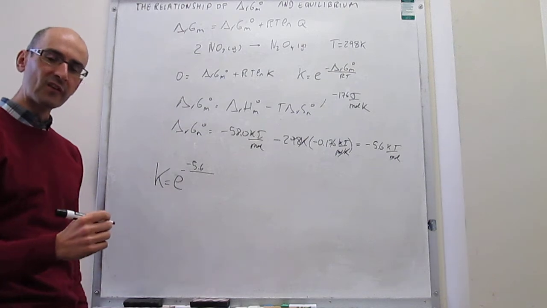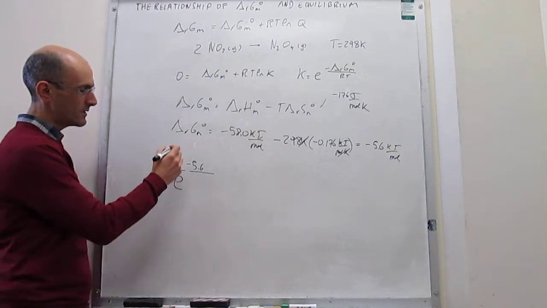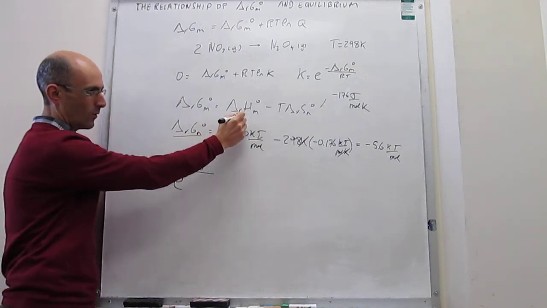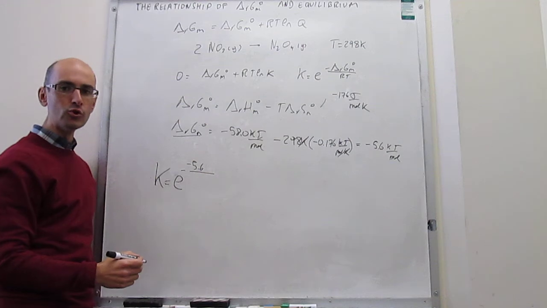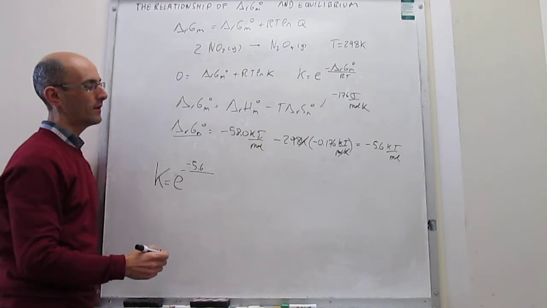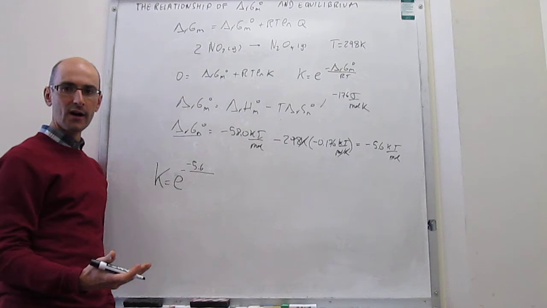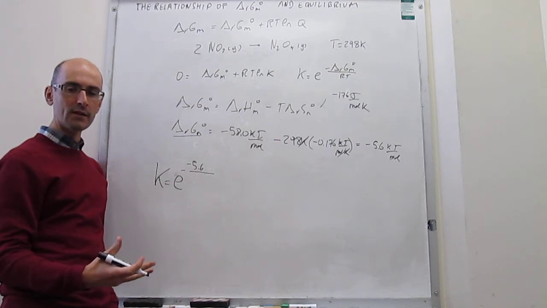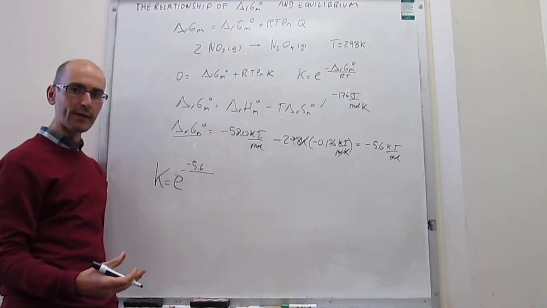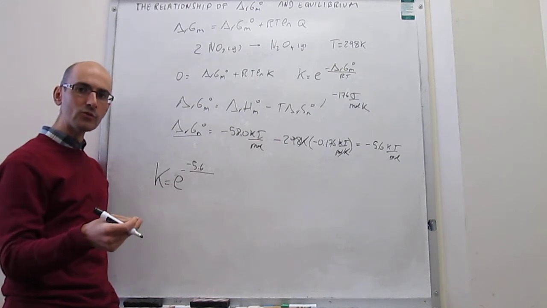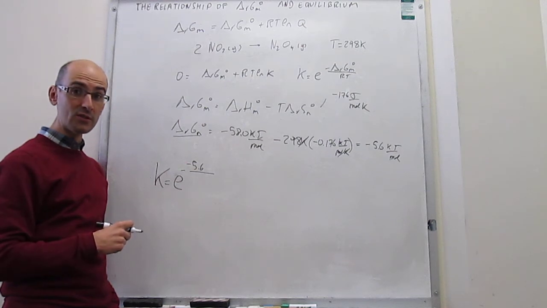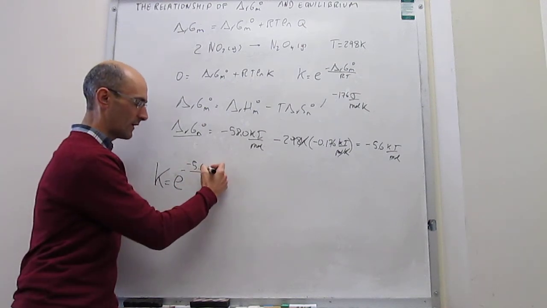And here we have to be very careful about units. Notice that when you calculate delta G or delta H, those are kilojoules per mole. But here you have to use R, and that means that you will be using R as 8.314 joules per mole Kelvin. Right? So there's a kilojoules to joules transformation that you need to carry out right there. So don't forget to do that.